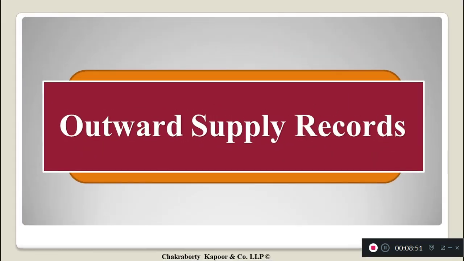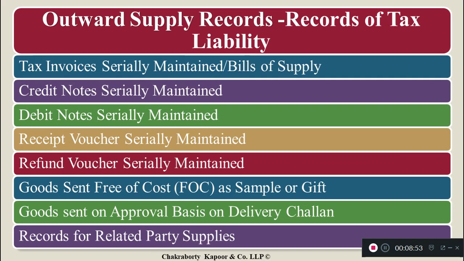Outward supply records, which is also records for tax liability. In records of outward supplies, we have to check whether records of tax invoices are available and maintained serially, and records of bill of supply for supply of exempt goods or services are available and maintained serially.